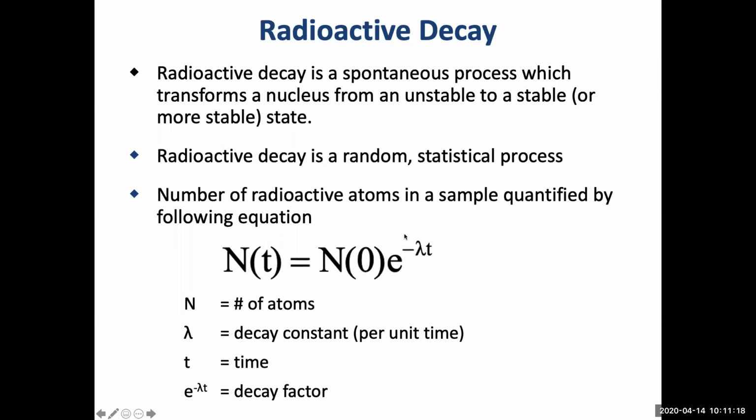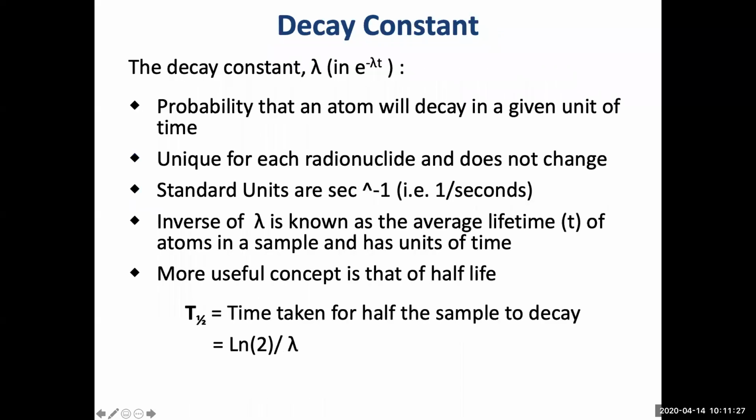This expression is called a decay factor, which comprises a decay constant and time. The decay constant lambda is the probability that an atom will decay in a given unit of time. So this gives us the probability of when the atom will decay.